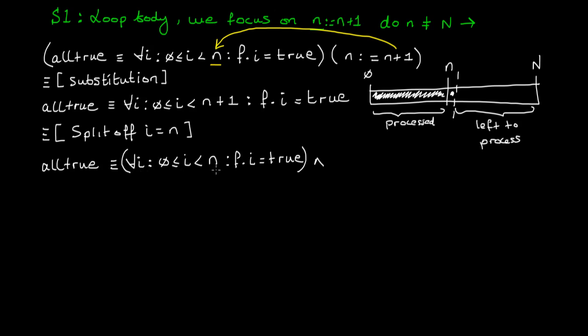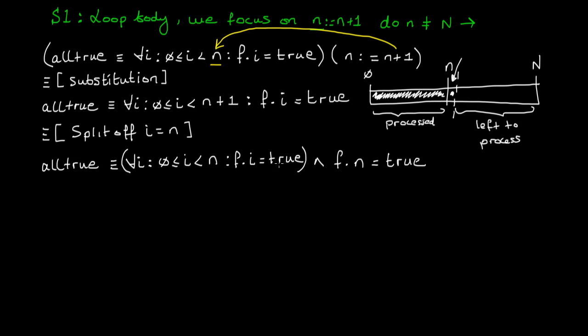So because it's a for all, we use an and, and we split off f.n, because this is the element that we're currently processing, and of course it's f.n equal to true.